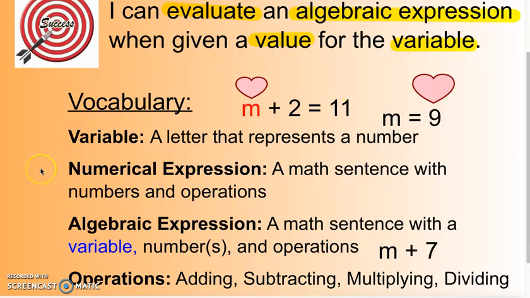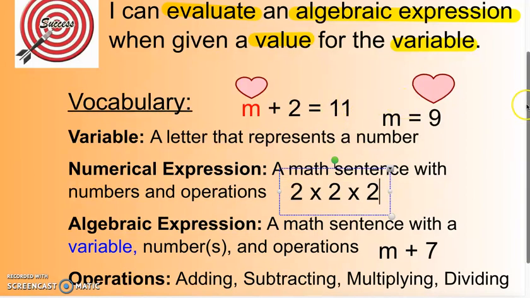Well, so far we've been using numerical expressions. Basically, we've been just adding, subtracting, multiplying, or dividing numbers together. So when we worked with powers, we were multiplying: 2 to the third power was 2 times 2 times 2. That was a numerical expression. It only had numbers and it had an operation in it.